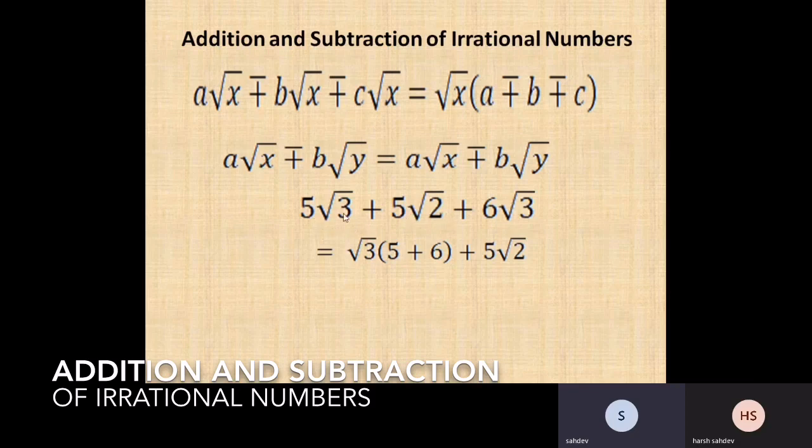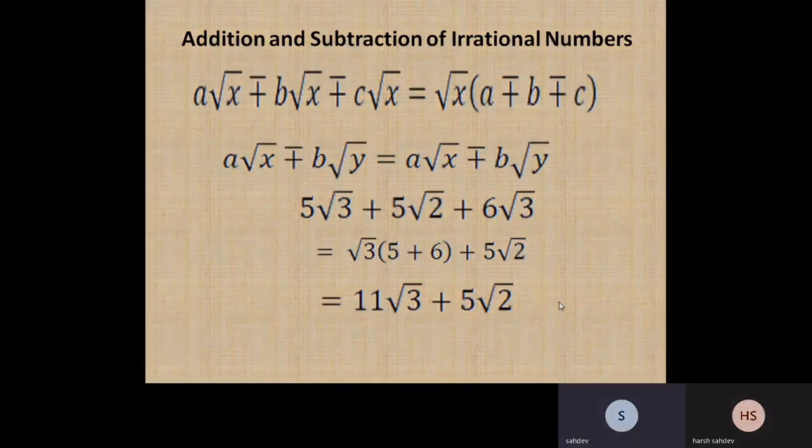From these we can take out the common term under root 3, and what we get is under root 3 into 5 plus 6, plus 5 under root 2. Now this is 11 under root 3 and 5 under root 2. Under root 3 and under root 2 are different, so these terms are not like, and we cannot add them further.